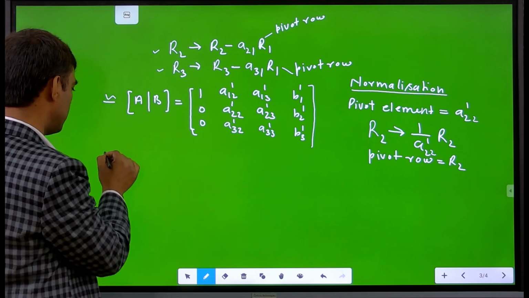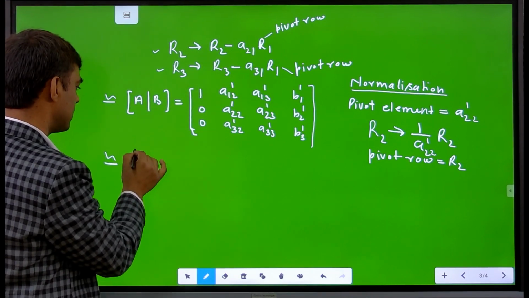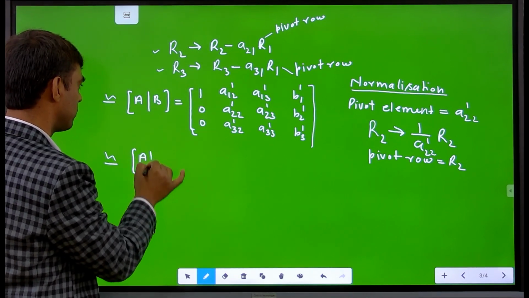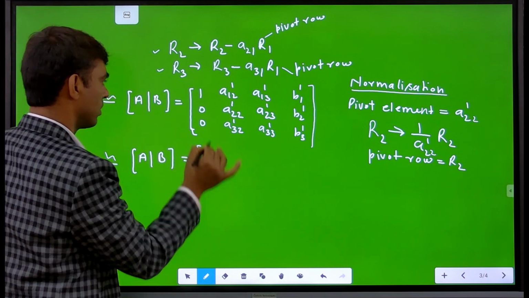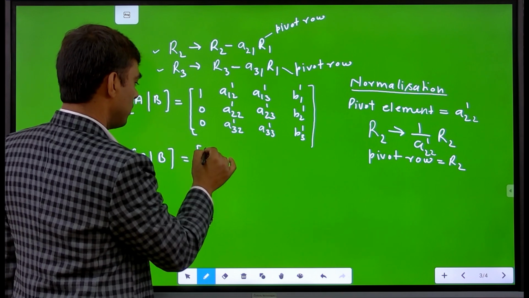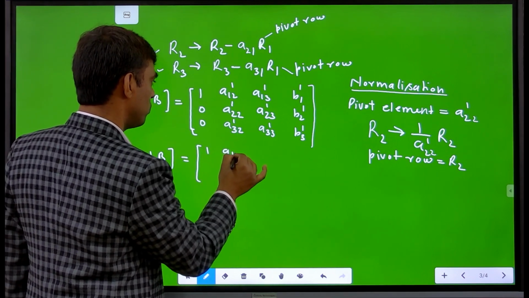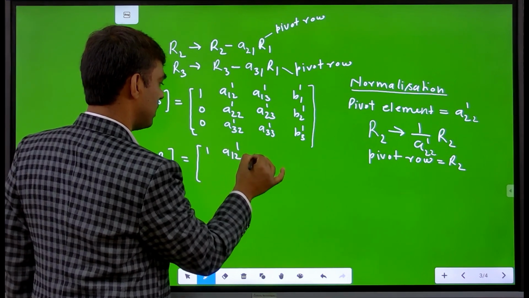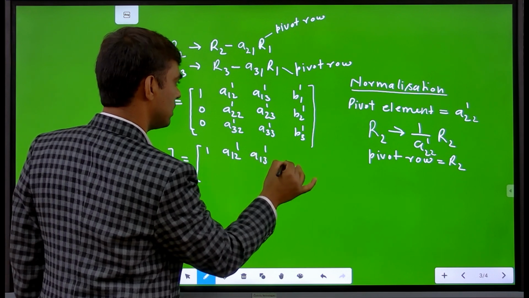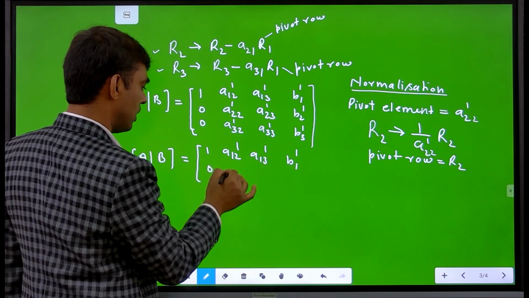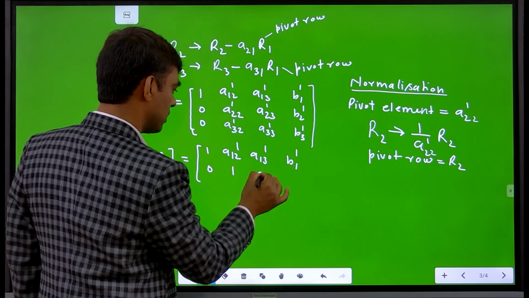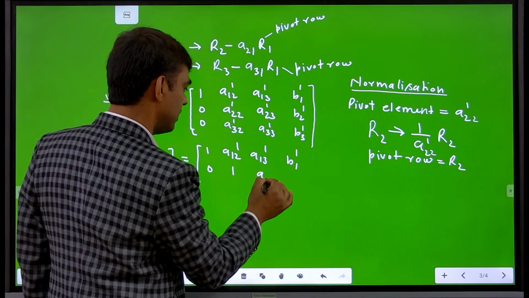Now what is the equivalent augmented matrix? So this becomes A, V, this one equal: 1, A12 dash, A13 dash, V1 dash. Now this becomes 0 and this becomes 1. There is another change in A23.